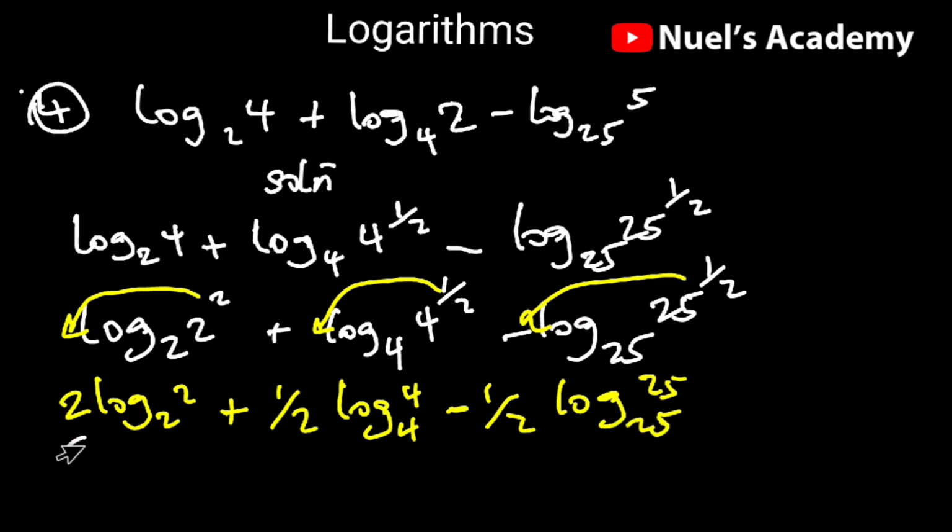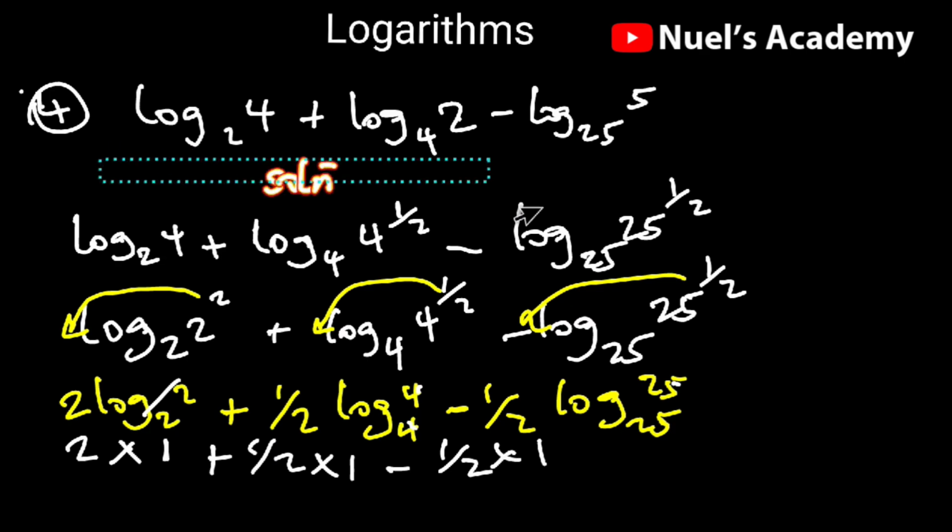And so this becomes 2 times, now log 2 is equal to 1 plus half log 4 base 4 is equal to 1 minus half log 25 base 25 is equal to 1.